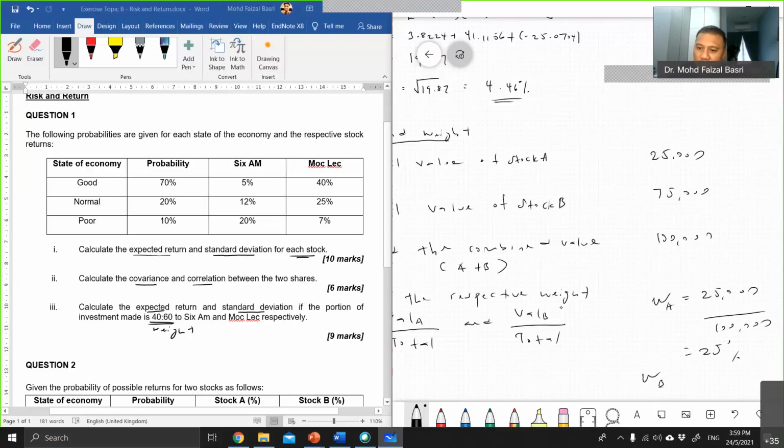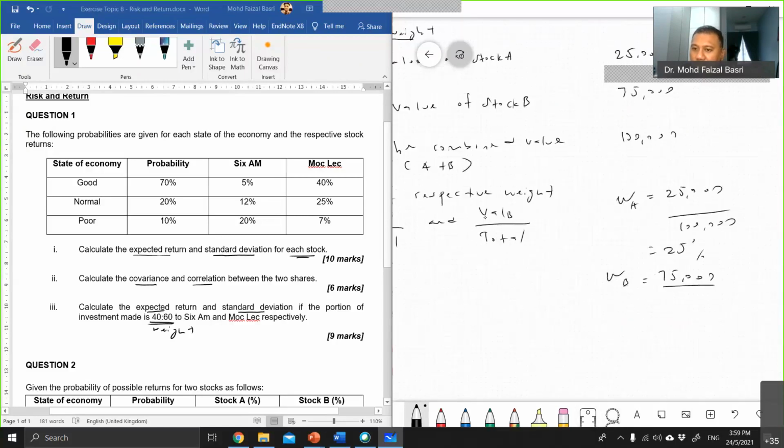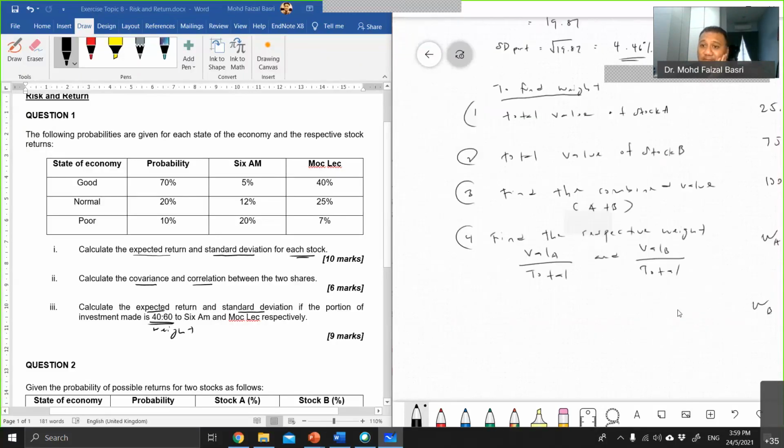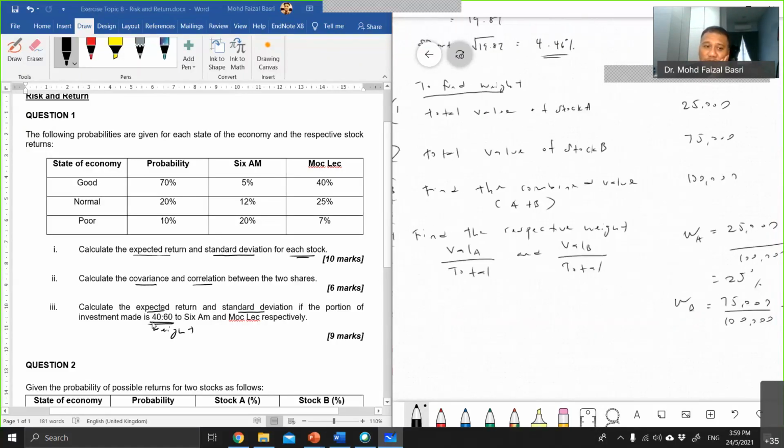And for stock B, it would be 75,000 divided by total of 100,000, which is 75%. So this is how you find the weight yourself if the question doesn't provide you with these weights.